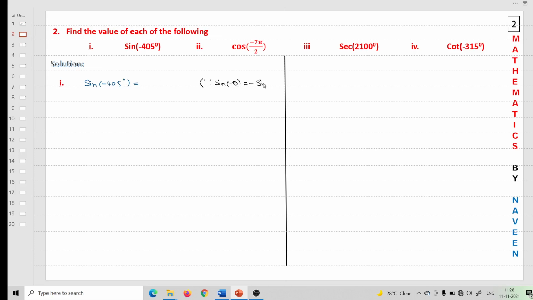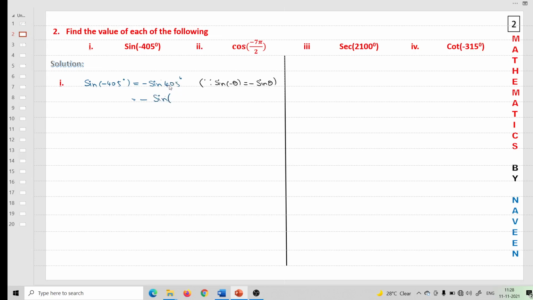Minus sine theta, right? Sine of minus theta is a minus sine theta. So sine of minus 405 can be written as minus sine of 405, right? That is minus sine of 405 degrees.